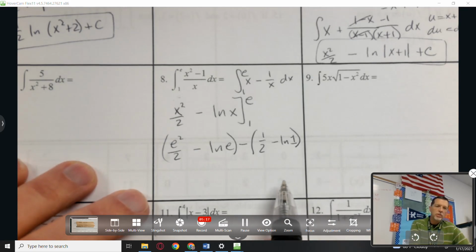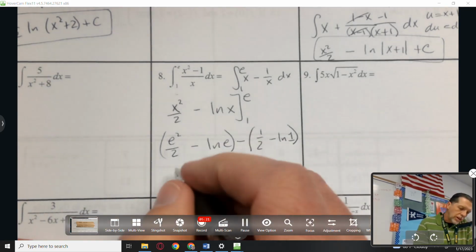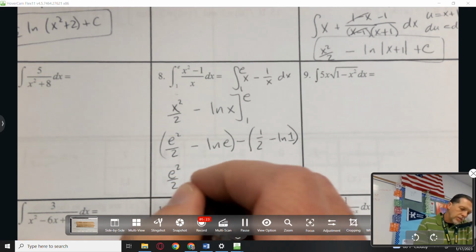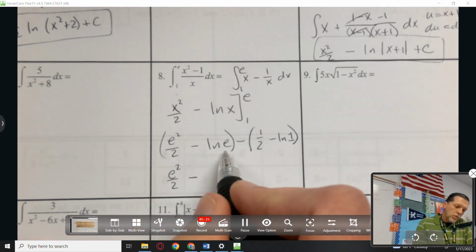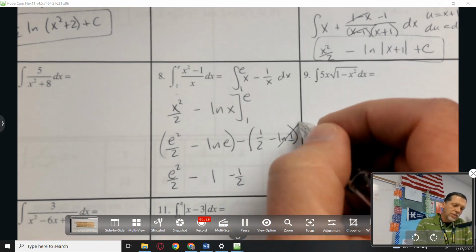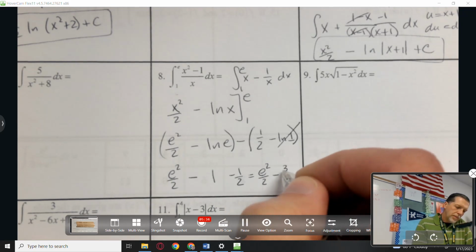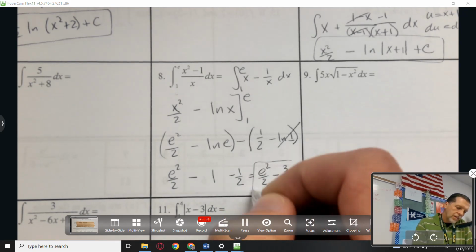Perfectly acceptable free response stop, but multiple choice, we can clean that up a little bit. e squared over 2. Natural log of e is 1, minus 1/2. Natural log of 1 is 0. So e squared over 2 minus 3/2.